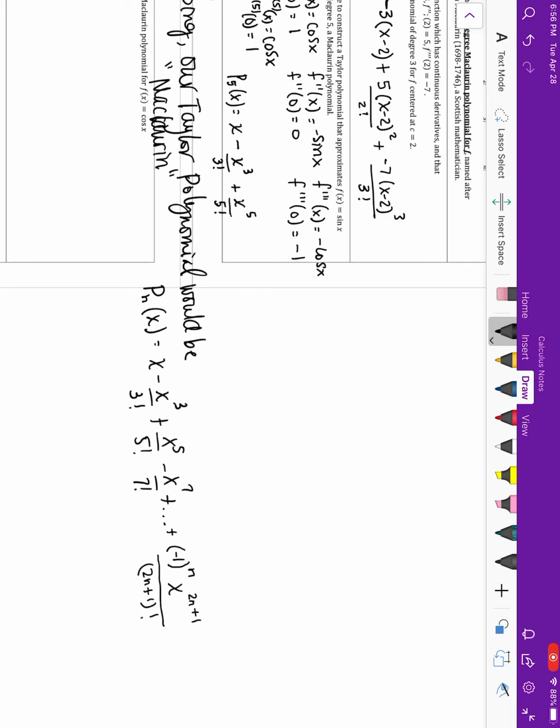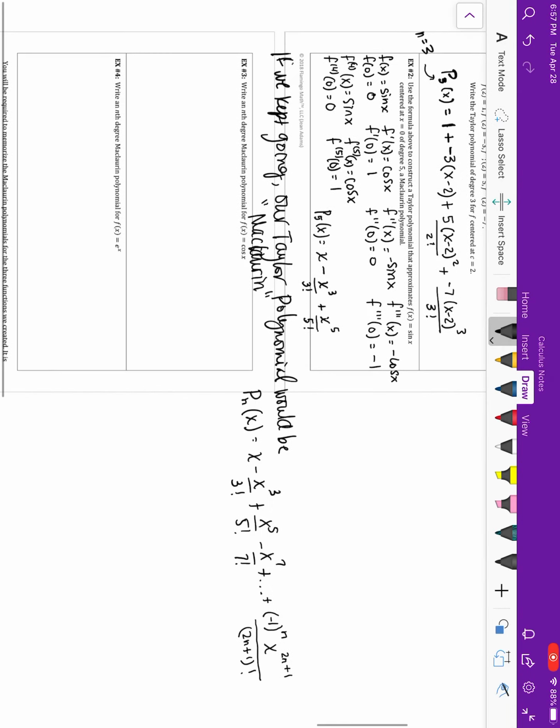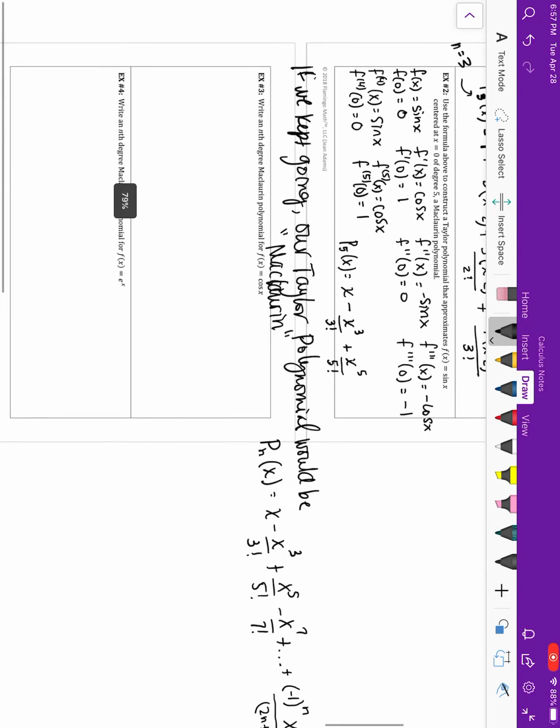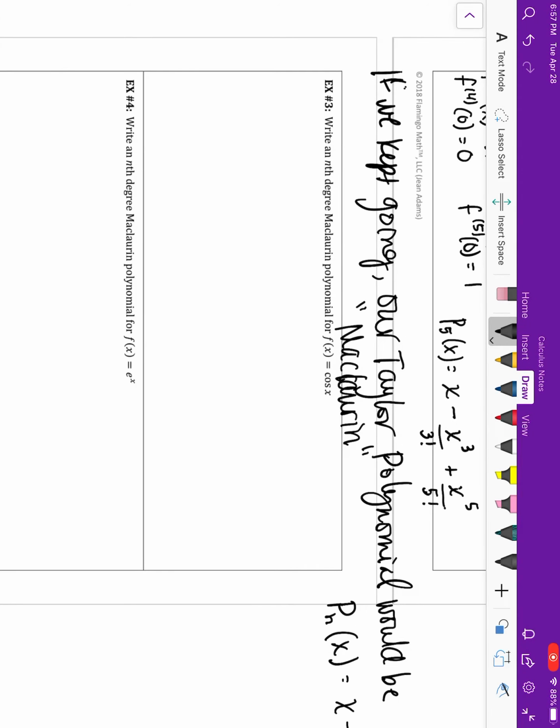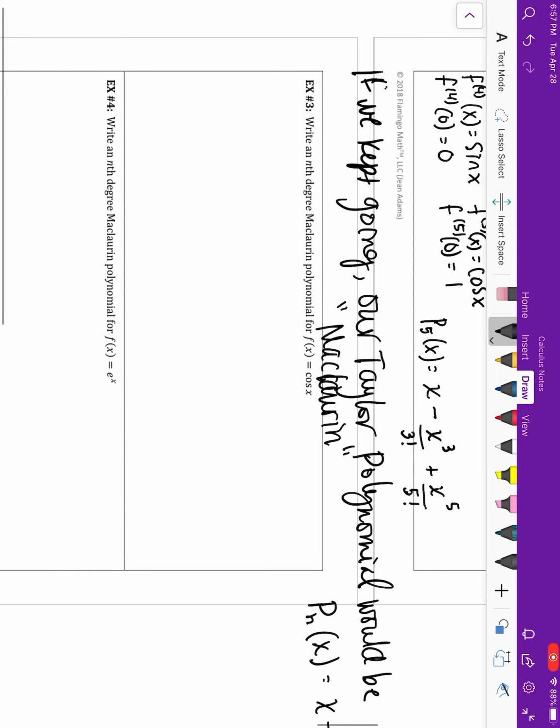So we're going to put 2n plus 1 factorial. And this would give you a Taylor polynomial or a Maclaurin polynomial that would be exactly the same as the sine of x. And we're going to look at that on the calculator in just a minute.